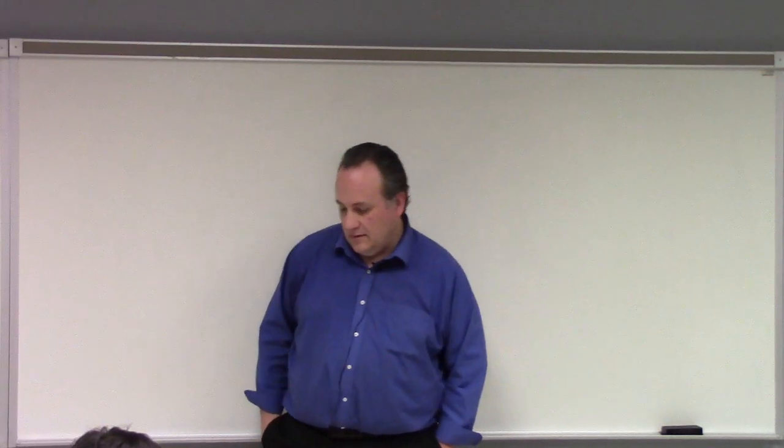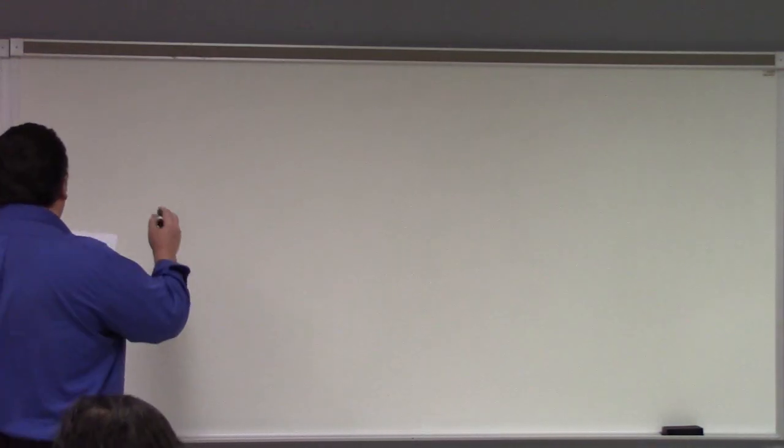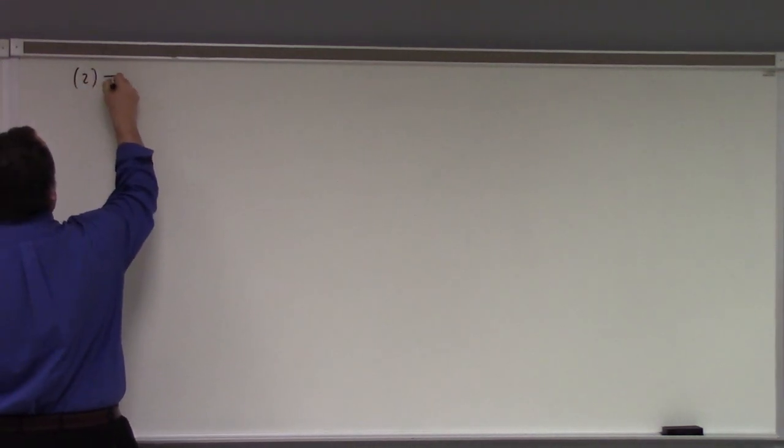All right, so let me pick up on the proof that we were almost done with. The next direction I need to prove is that 2 implies 1. So 2 implies 1.